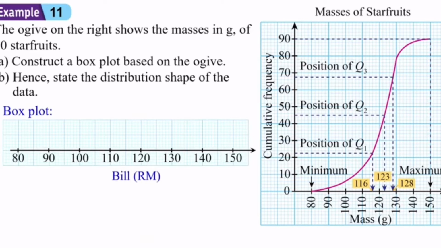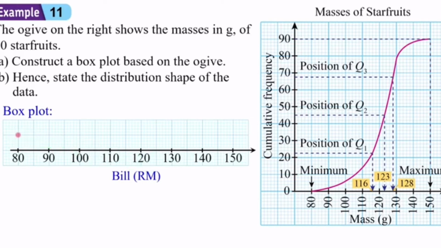So we are going to plot the point for the minimum, 80. We start with the minimum point, which is the lowest mass for the star fruit, followed by Q1, Q2, Q3, and the last one, which is the maximum value. Just to inform you that the axis should be mass in gram, right?